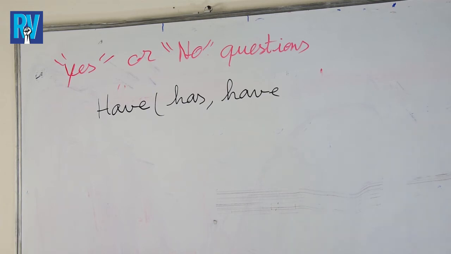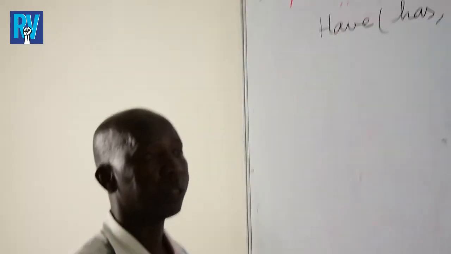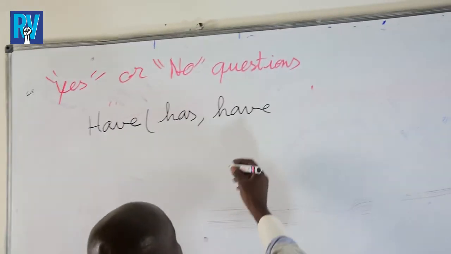Okay? These questions which requires as an answer, yes or no. Hein? Les questions qui demandent comme réponse oui ou bien non. Donc ça peut commencer par have, has or had.